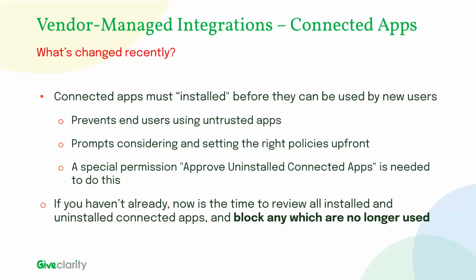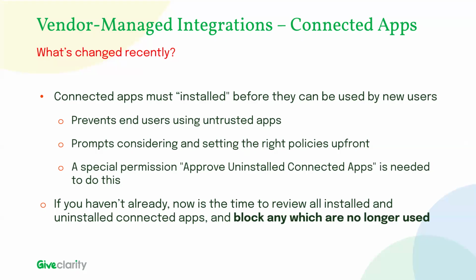The other thing I wanted to emphasize, and this is a good time to do it now and to continue to plan to do it on an ongoing basis, is that if you've got connected apps in your org that are not actively being used, depending on how they're configured, it's very possible that those apps have issued tokens that could still be used to allow those external applications to connect to your Salesforce org as if they are you or your end users.